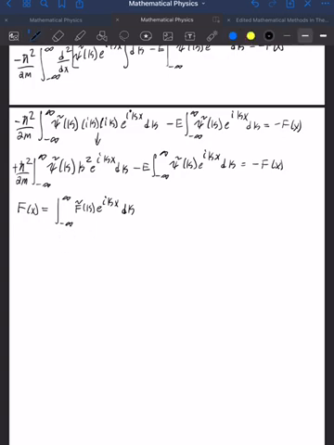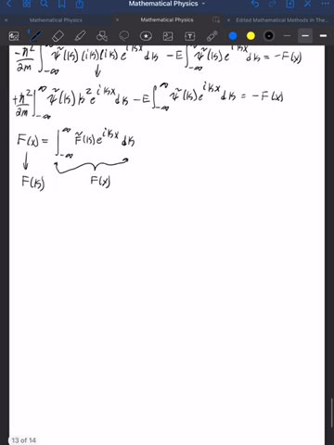So whatever the Fourier transform of f of x is, which is going to result in f tilde of k, this integral here is equivalent to f of x. So we can substitute it for f of x, right?